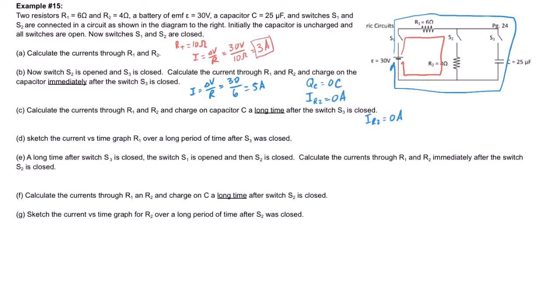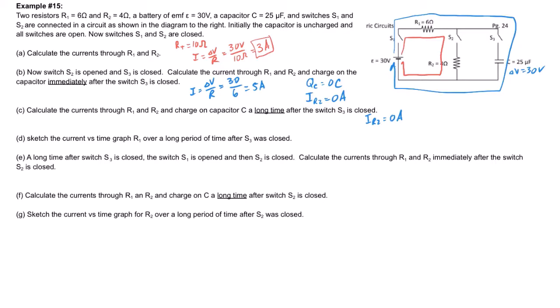Now at this point, the capacitor should be fully charged after a long time. Now, the first result of that, if C is fully charged, that means that C is going to have a potential difference of 30 volts. Now, if it has a potential difference of 30 volts, then that means that the resistor number 1 won't have any potential at all.